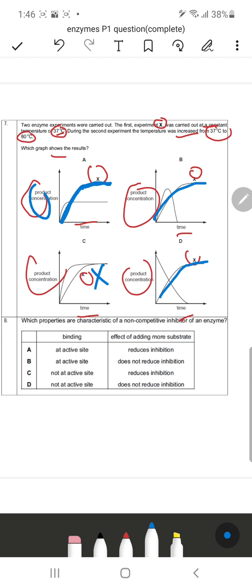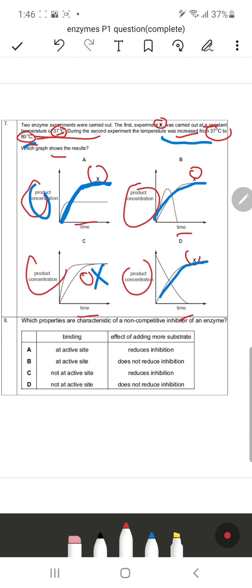Now let's look at the other reaction, where it says during the second experiment the temperature was increased up to 80 degrees Celsius. That's interesting. Once the temperature is increased to 80 degrees Celsius, the activity will become very low, almost at the denaturing point, but they don't mention that the enzyme is going to denature.